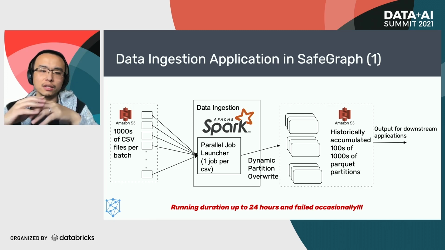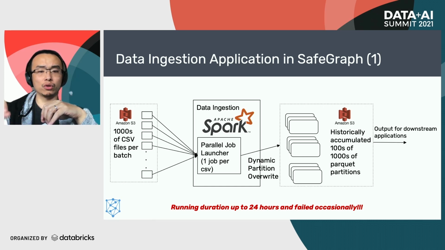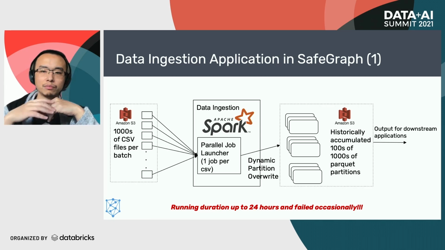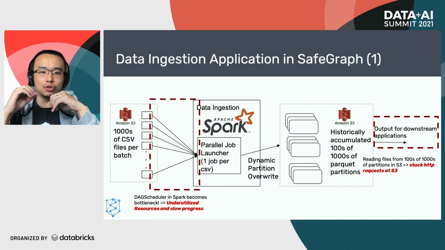The problem with this application is that the running time can be as long as more than 24 hours, and it also failed occasionally. So it is expensive and it is not reliable. After some debugging, we found two bottlenecks. First, the DAG scheduler in Spark becomes the bottleneck.